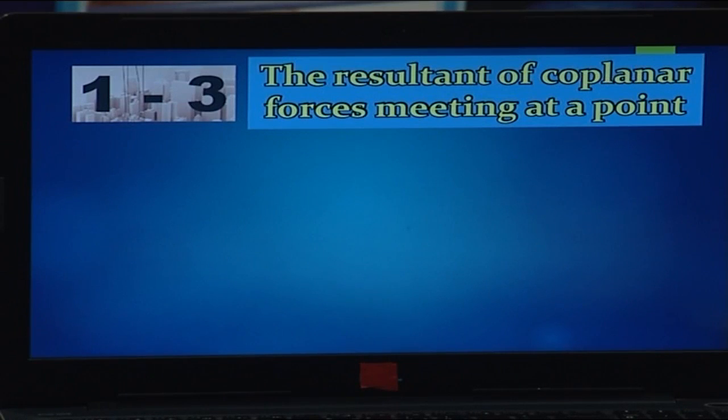My dear students, we are going to study the third lesson here, which is the resultant of coplanar forces meeting at a point. The first lesson talked about two forces, F1 and F2, acting at a point, and we found the resultant of them.